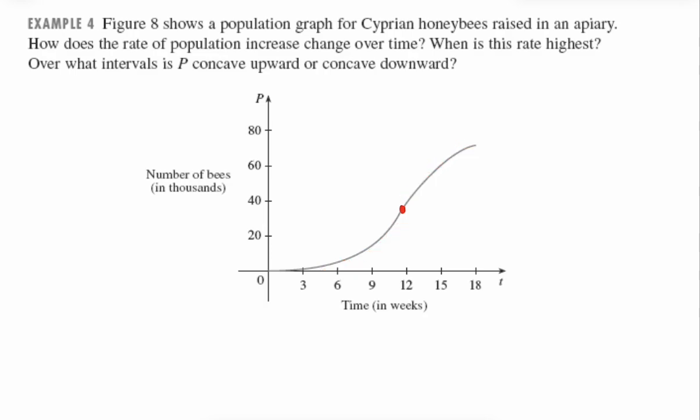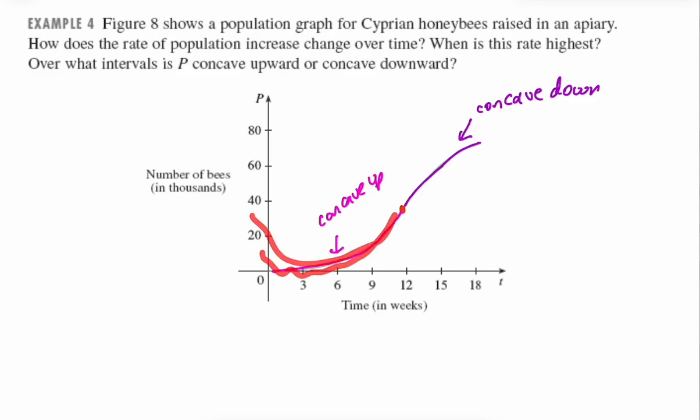So I'm going to shade this side of the graph one color. That part of the graph is concave down. And I'm going to shade this side of the graph another color. And this side of the graph is concave up. So our cup is up. Think about the fact that if it was a full cup, it could hold our cereal and milk.